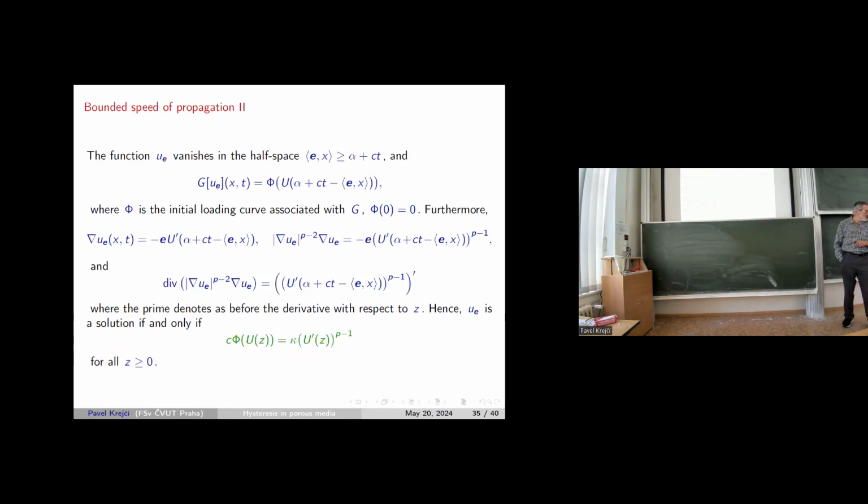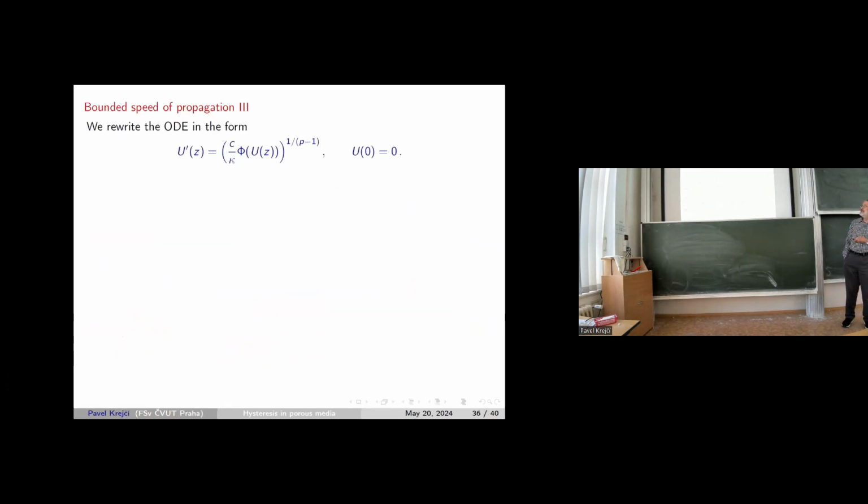But this is a very easy differential equation, so we compute the derivative out of that.